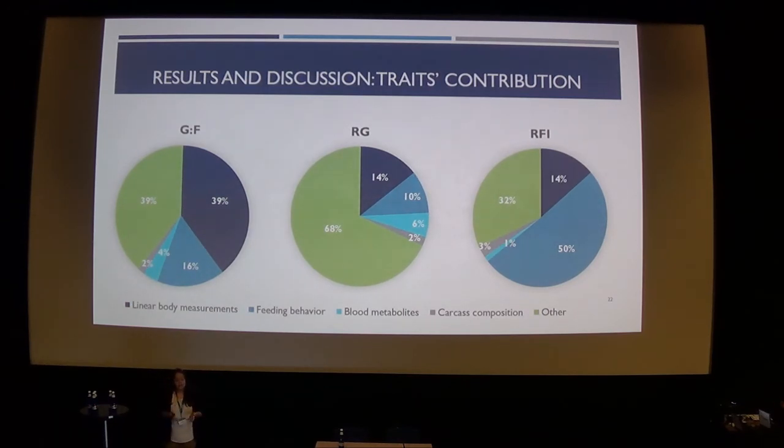And now, in relation to residual gain, there are two things that we can say about this measure. The first is that clearly residual gain and residual feed intake are two completely different measures. The second, which is fairly a little bit more obvious, is that potentially what's driving intake is completely different than what's driving gain. So therefore, we should definitely look into other traits to see what's driving that difference.